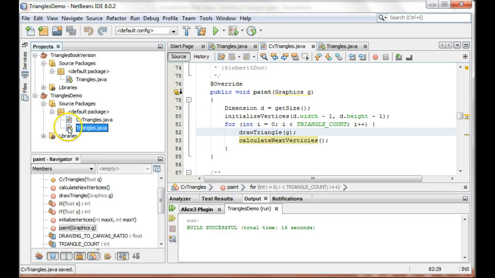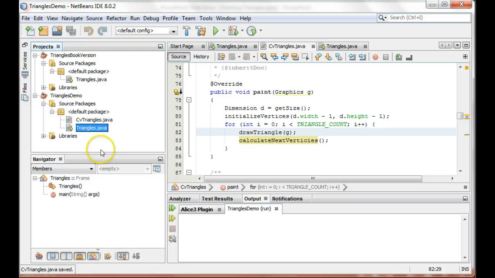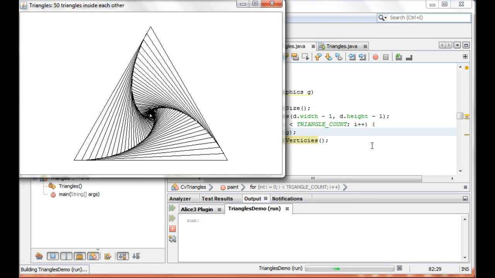Let's make sure the code is still working, and yes. So there's our whole bunch of triangles, and now we know exactly what's going on here: we're making smaller and smaller triangles and rotating them, and that's what makes this cool shape.